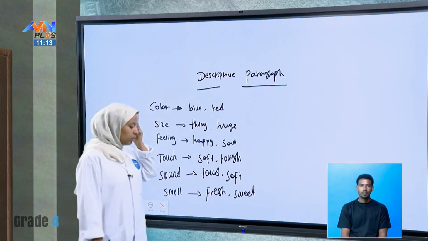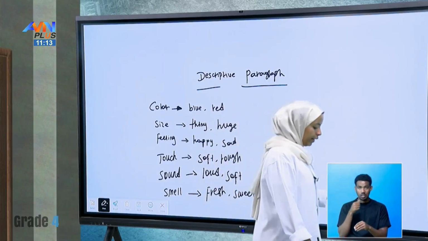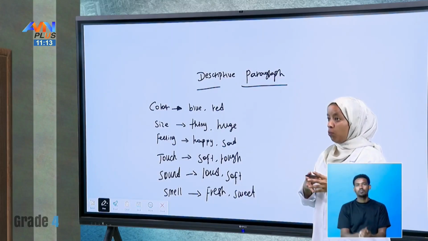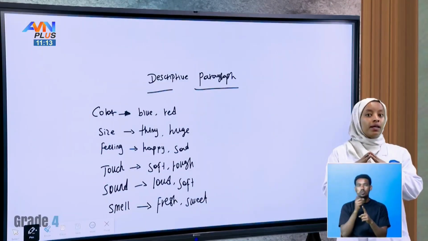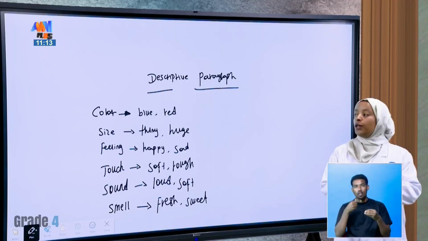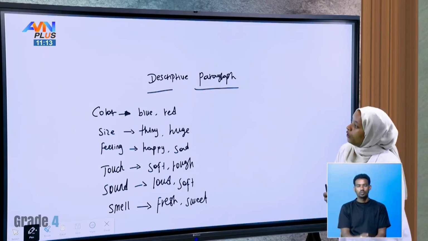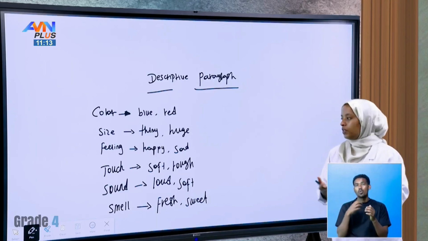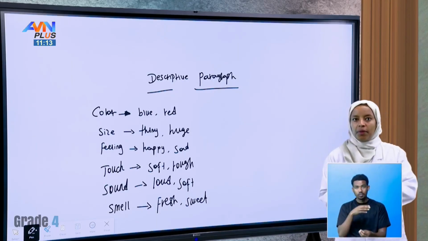So students, look at these adjectives, and we will also learn about adjectives. An adjective is a word that describes and tells you more about a noun. Look at these examples. We can have more adjectives, but I just mention some of them here.